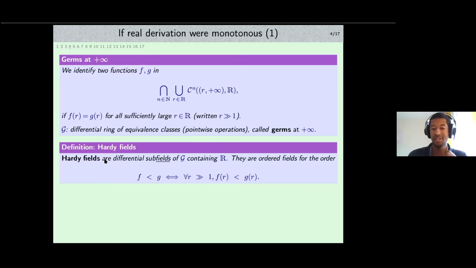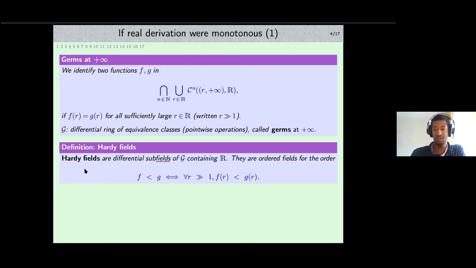So the derivative of the functions also must be of constant sign on a neighborhood of plus infinity, which means that the function is either constant on a neighborhood of plus infinity or strictly monotonous, so strictly increasing or strictly decreasing. And so this tells us that functions in Hardy fields have limits in the extended real line, so either finite limits or minus infinity or plus infinity.